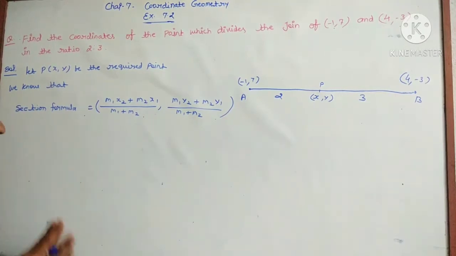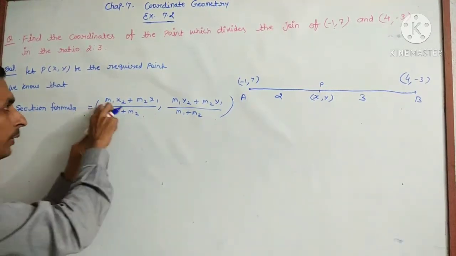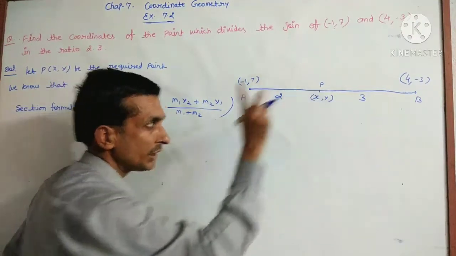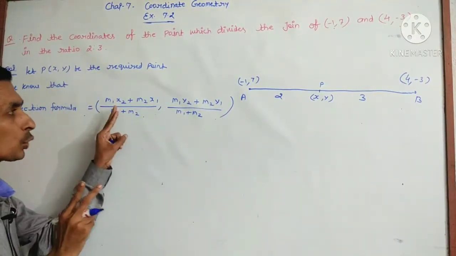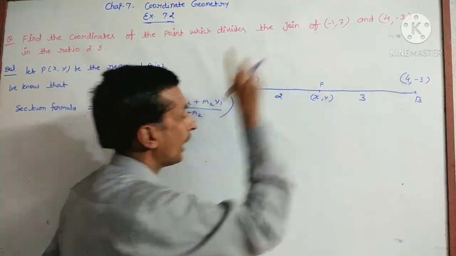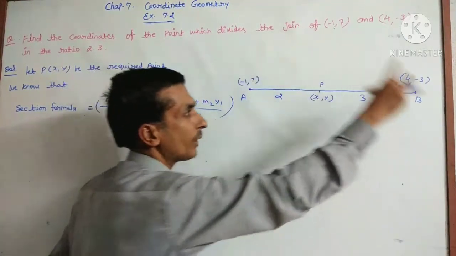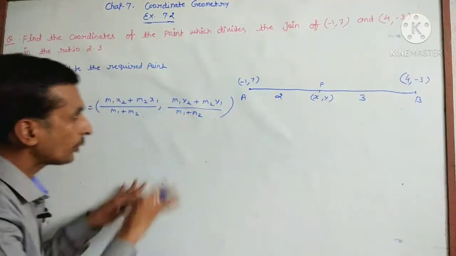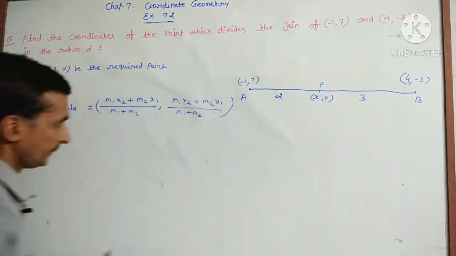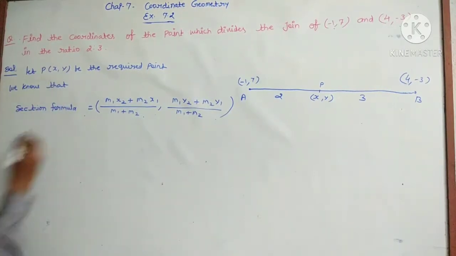Okay, in this question we have m1, m2, so m1 value is 2, m2 value is 3, and x1 value is -1, x2 value is 4, and y1 value is 7 and y2 value is -3. You can put these and find out the value of x and y of coordinate P. How to solve? See here.